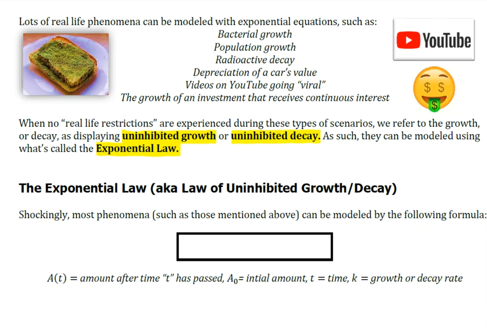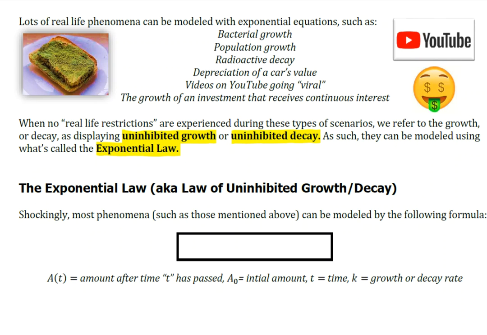For instance, if you're growing bacteria in, say, a petri dish, those wouldn't be able to grow to infinity, if you will. For instance, we have space restrictions, or maybe they run out of resources such as food they might need. And the same is true for some of those other examples, such as population growth.